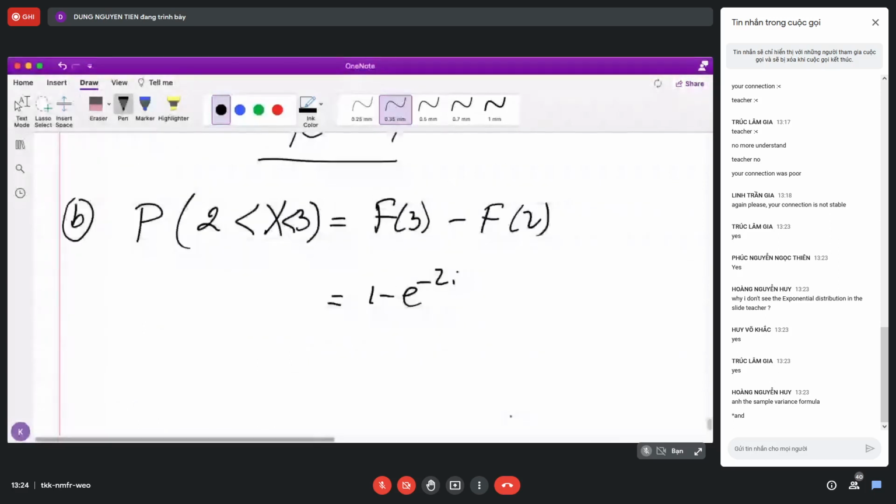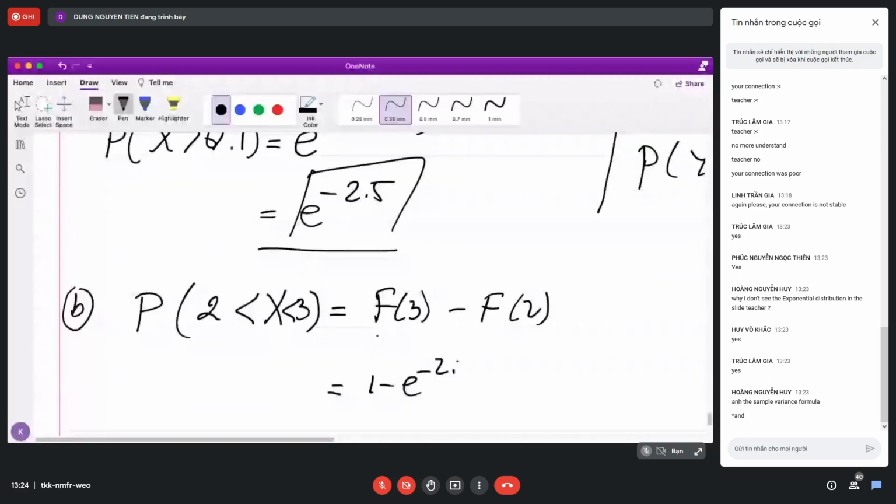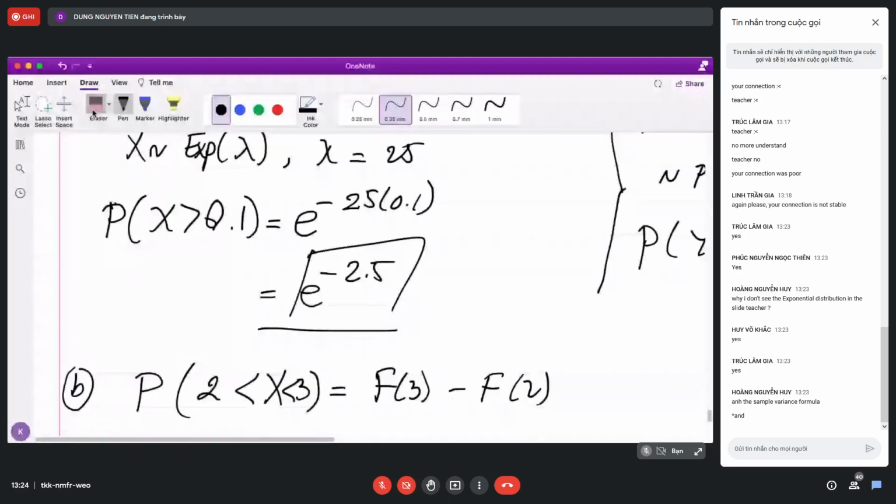In the second problem, you want to find the probability that the time is between 2 and 3 minutes. Because x is in hours, I need to replace 2 and 3 by hours, not minutes.